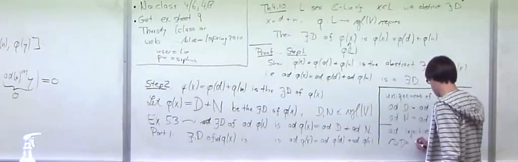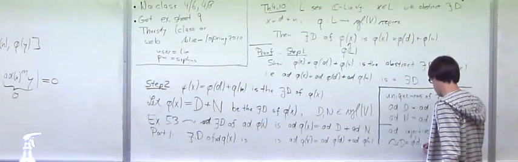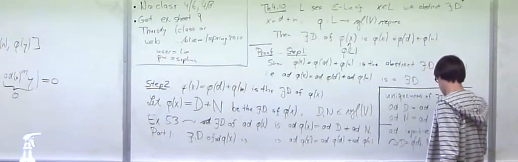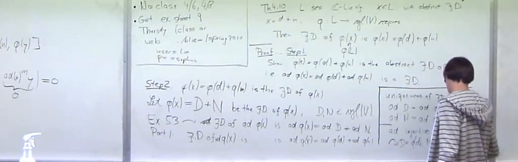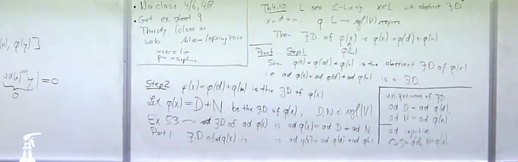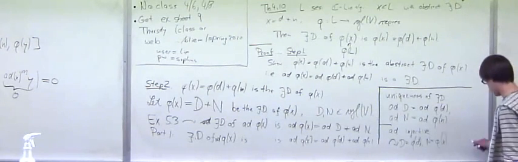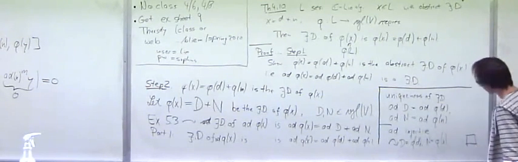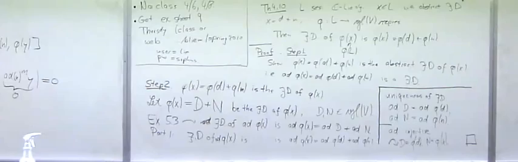So D is φ(d), and N is φ(n). And so this finally proves the theorem. So the proof is kind of long, but not too complicated actually.